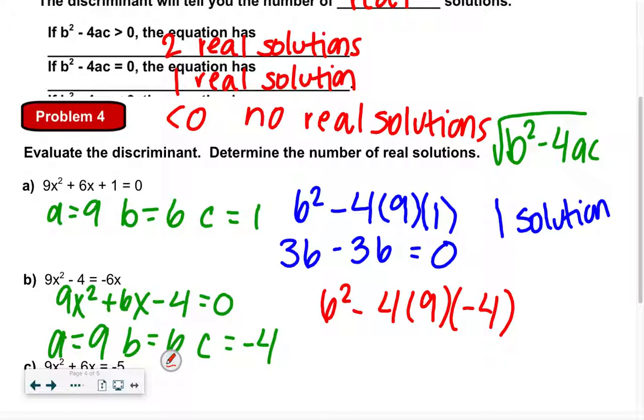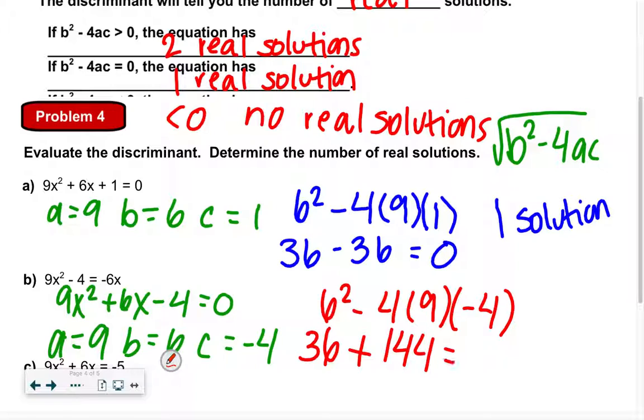So 6 squared, still 36. What about this stuff? I know 4 times 9 is 36, but what's 36 times negative 4? Negative 144. So it's 144. What happens with my minus minus? Cancel. So I get a plus.